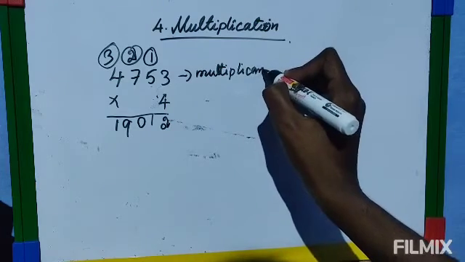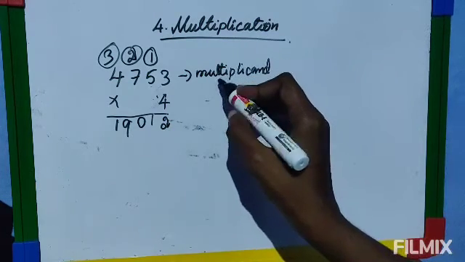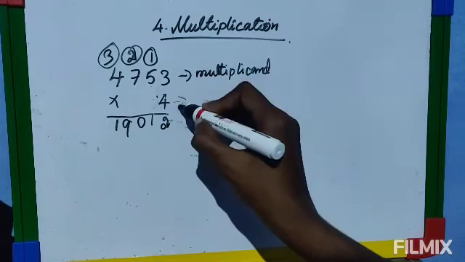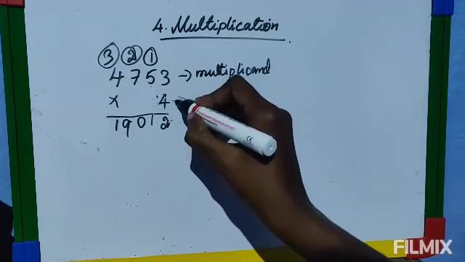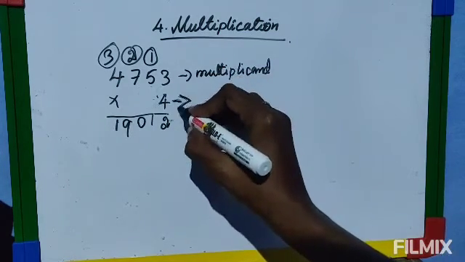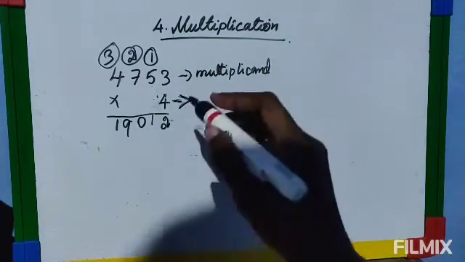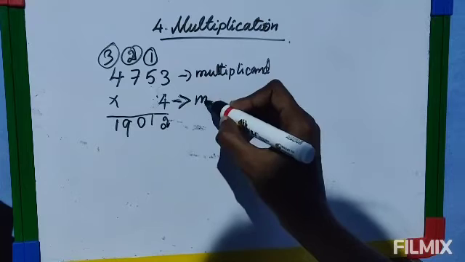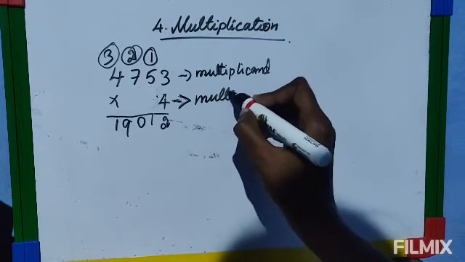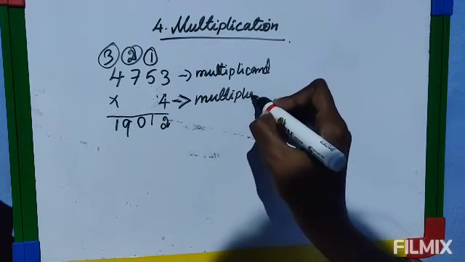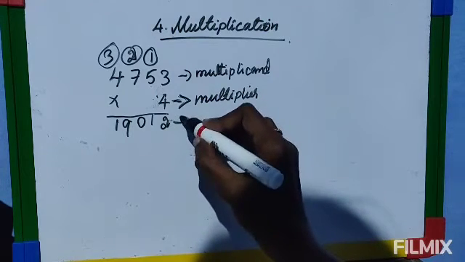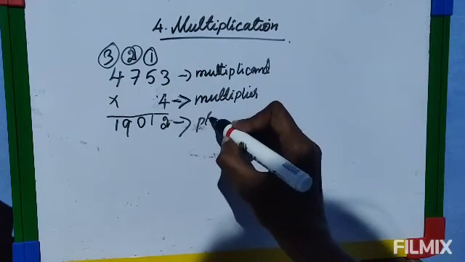This is called multiplicand, the number which is multiplied. The number by which you are going to multiply is called the multiplier. The answer you are getting now is called the product.